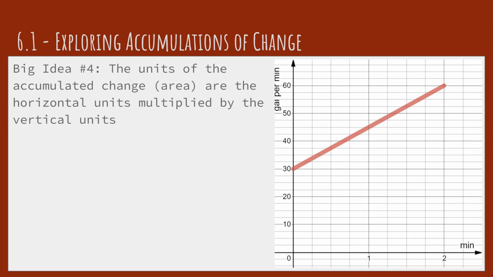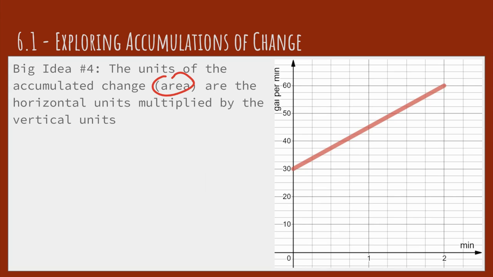So big idea number 4, as we move into the area problem, is that the units of an accumulated change, which is represented as an area, are going to be horizontal units multiplied by vertical units. You can think of this as just like finding an area of a rectangle. Rectangles are going to be the simplest shapes to work with.